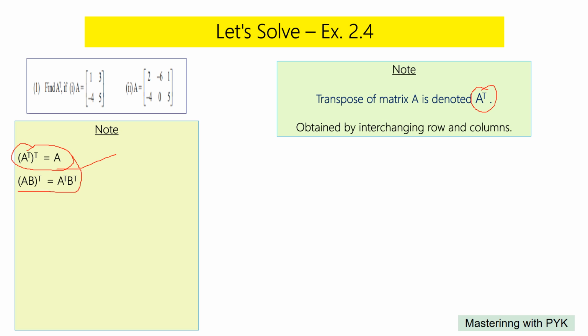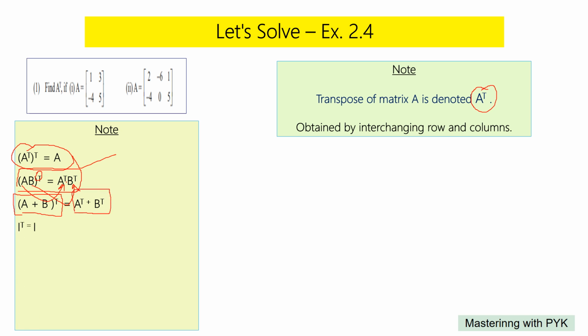The transpose of the dot product of two matrices is the same as the dot product of the individual transposes, and the transpose of an addition is the same as the individual transpose matrices added together.